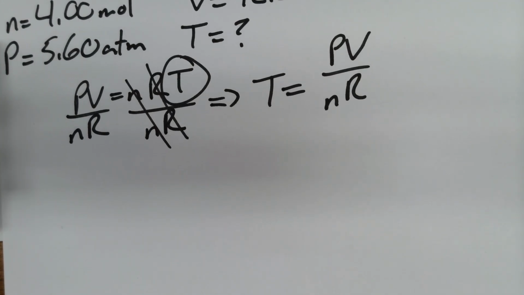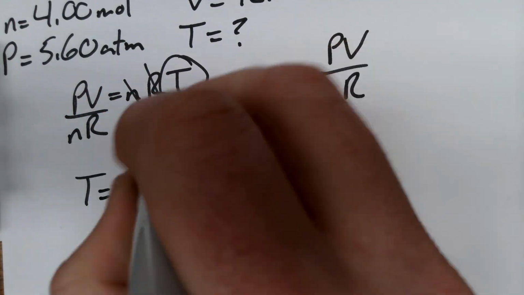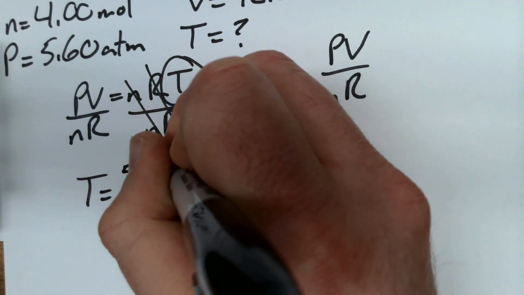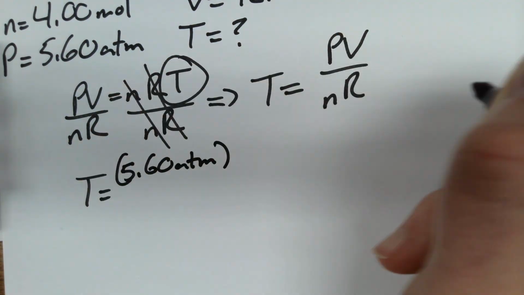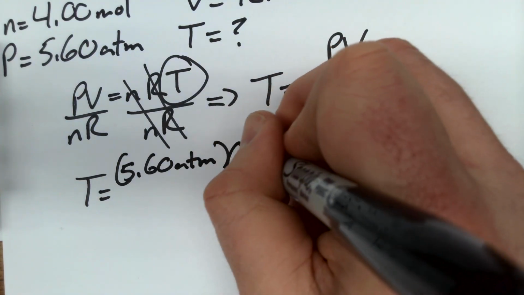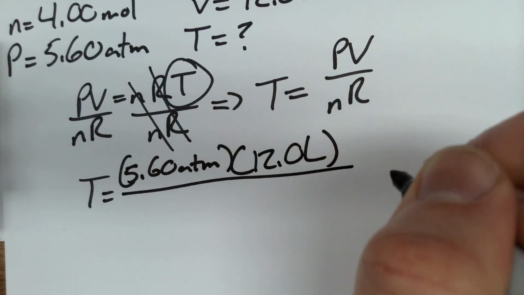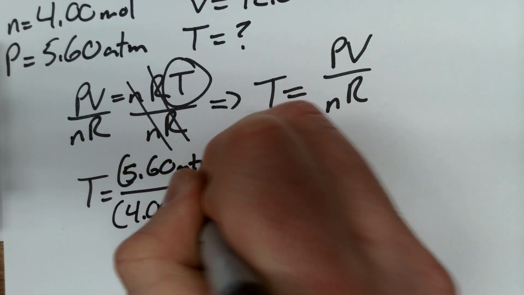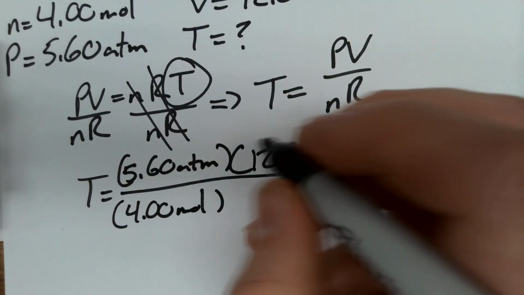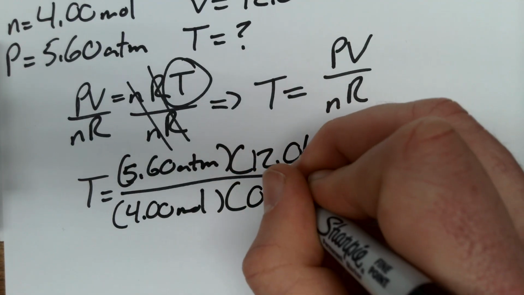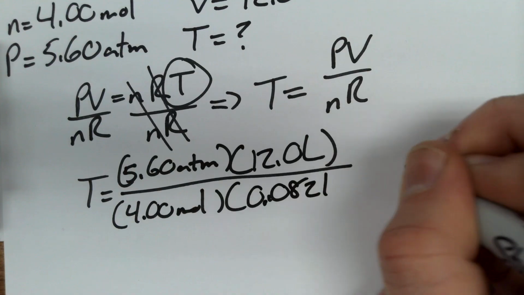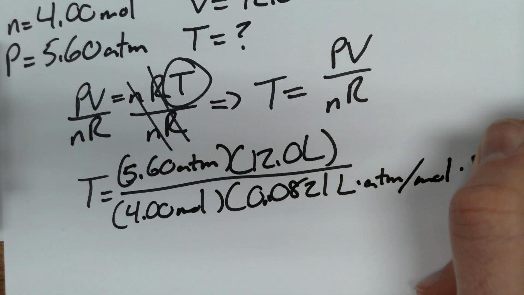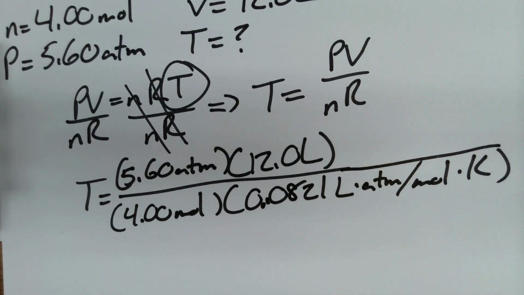So if I'm looking at my equation, T equals, for my P, that is 5.60 atmosphere times my volume, which is 12.0 liters, divided by N, which is my 4.00 moles, times my R value, 0.0821 liters times atmosphere, divided by moles, times Kelvin.